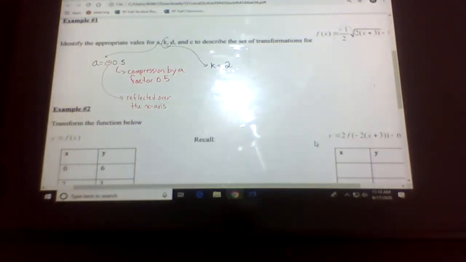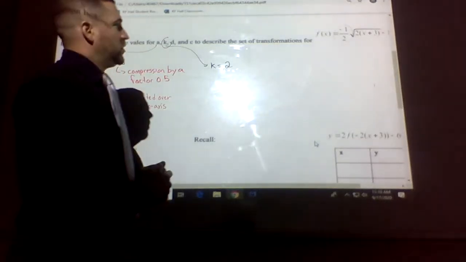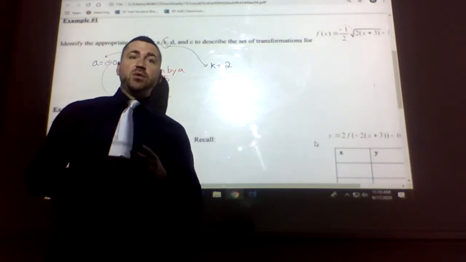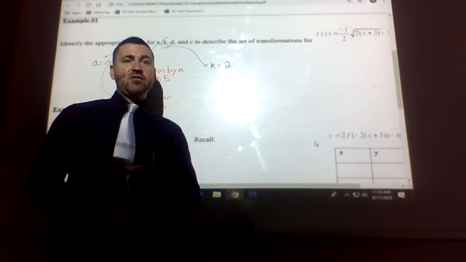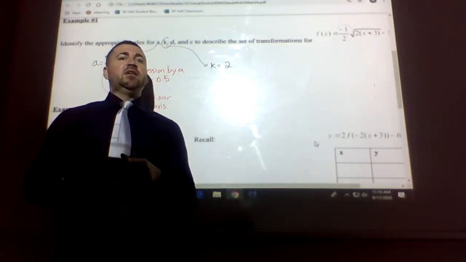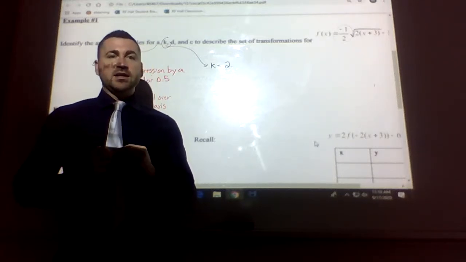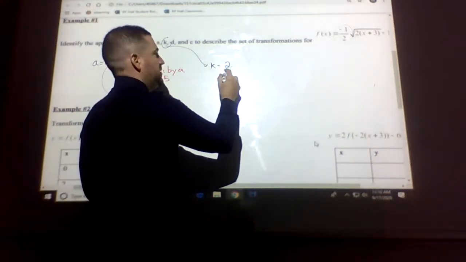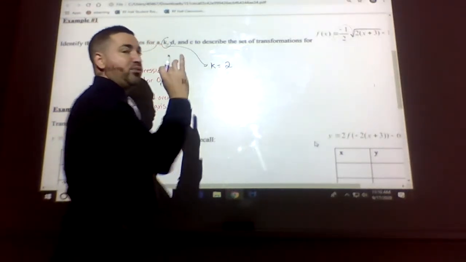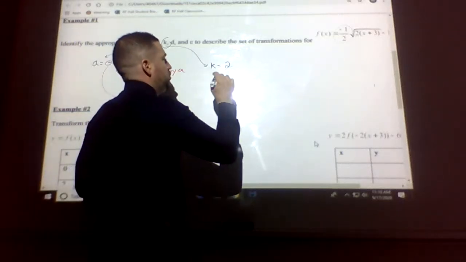And what does this do to the graph? Remember, it's opposite. If it is larger than 1, it compresses the graph horizontally. If it is between 0 and 1, then it is a horizontal stretch. Here it is larger than 1, so this becomes a compression by a factor of 2.